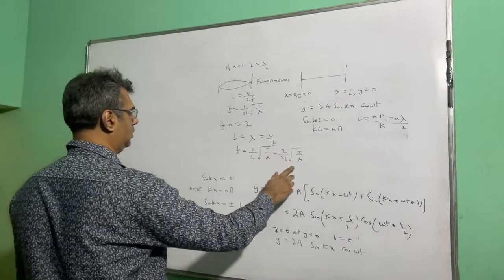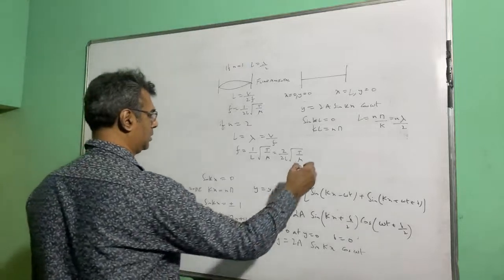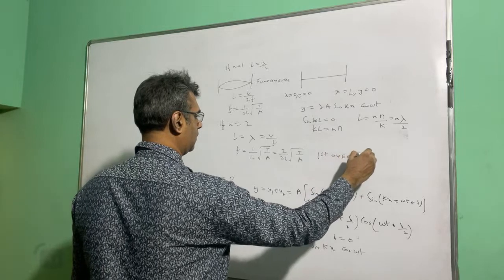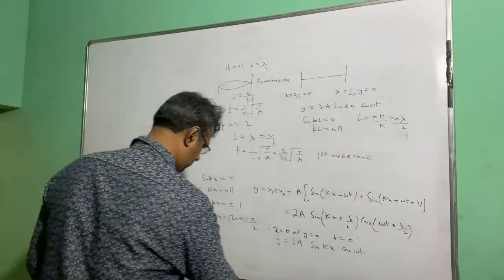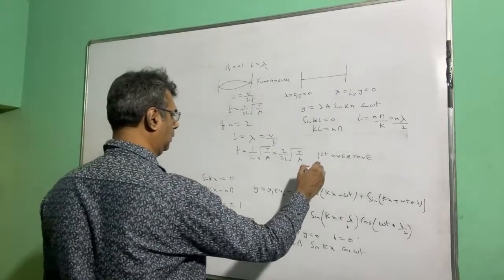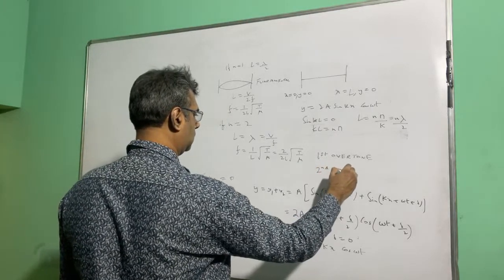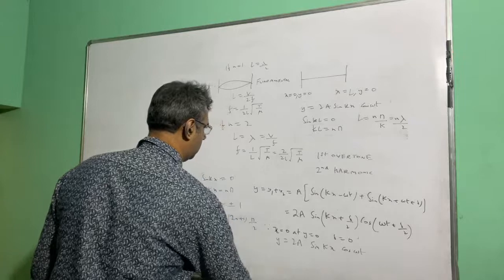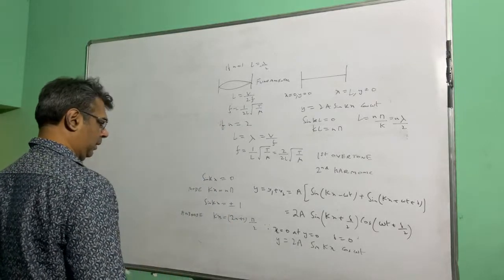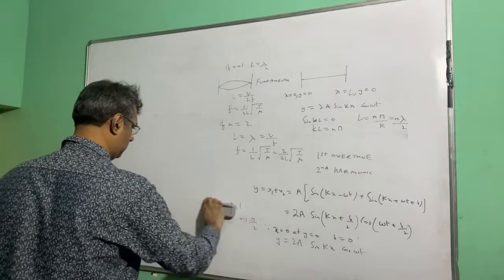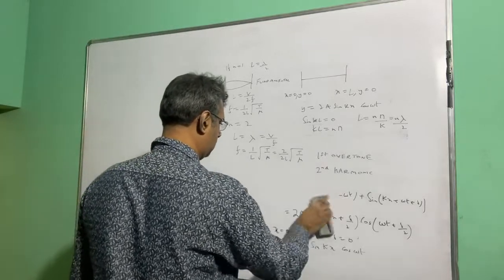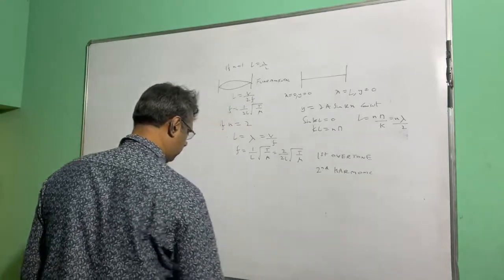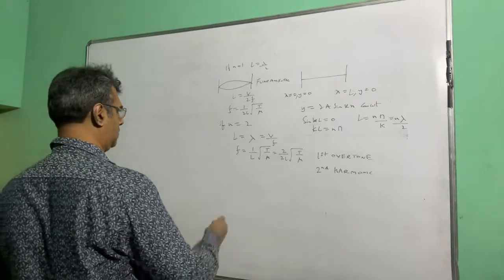So that is 2 by 2L root over T by mu. So this is called the first overtone, it is also called the second harmonic.